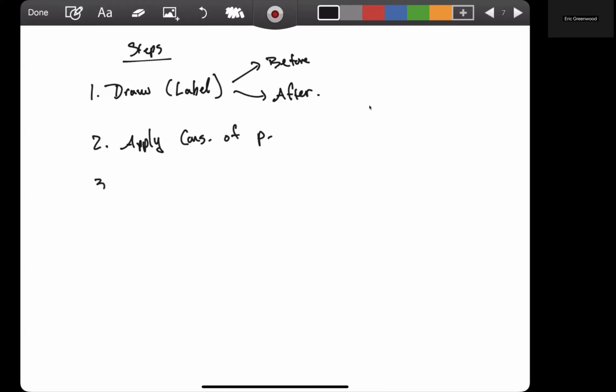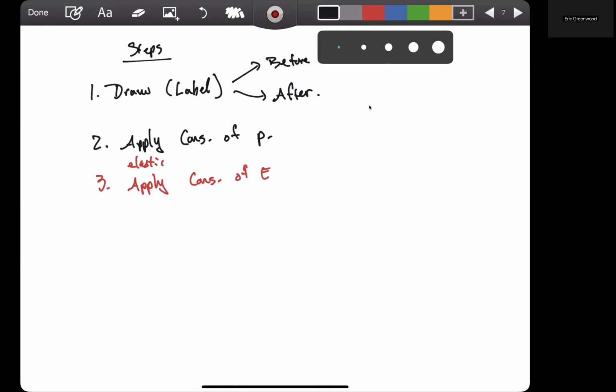Step number 3, which I'm going to do in red here, is only if it's elastic. If it's an elastic collision, then we have to apply conservation of energy as well. And then step number 4 is basically the same thing as before. We're simply going to solve.